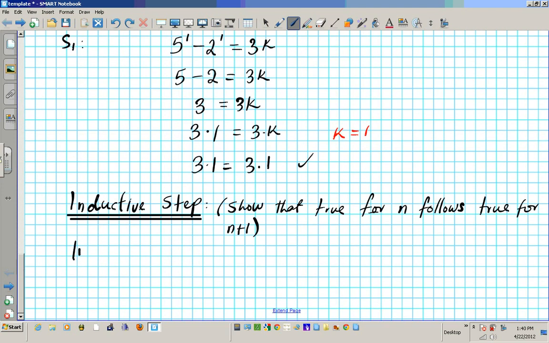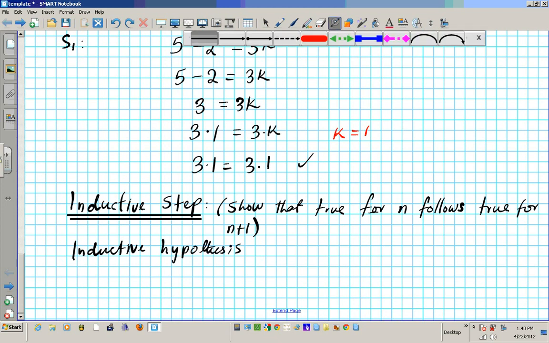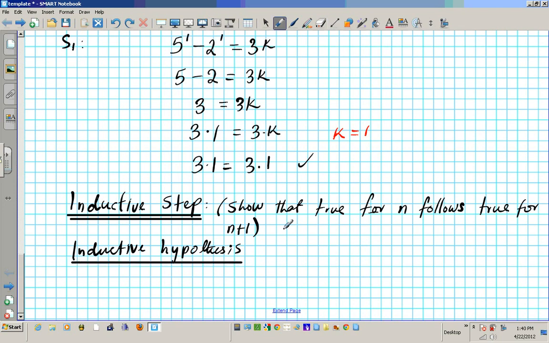We're going to start with the inductive hypothesis. Alright, that's the first part of the inductive step. So for the inductive hypothesis, we're going to start with an assumption. Okay, so we're going to assume true for n.